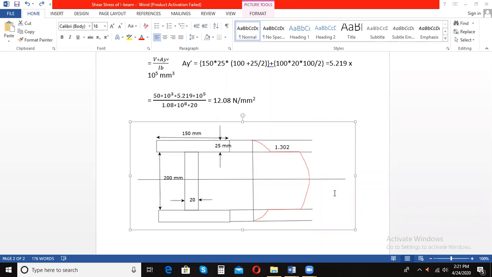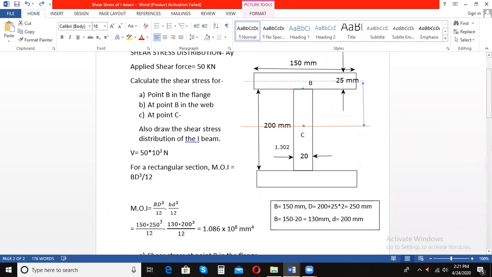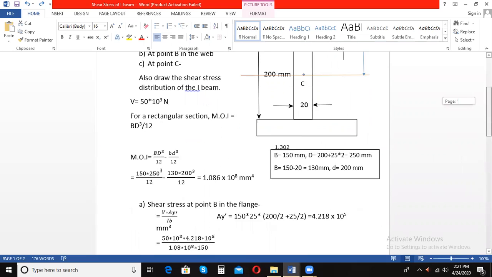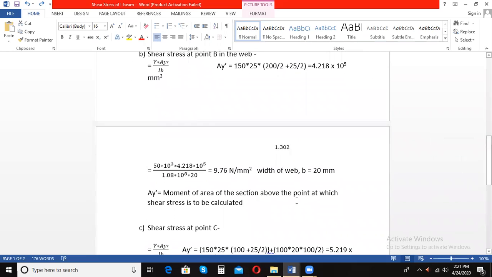Now see, at the same point B, you were again calculating the shear stress for the web, not in the flange. That value has come out to be 9.76 Newton per millimeter square.